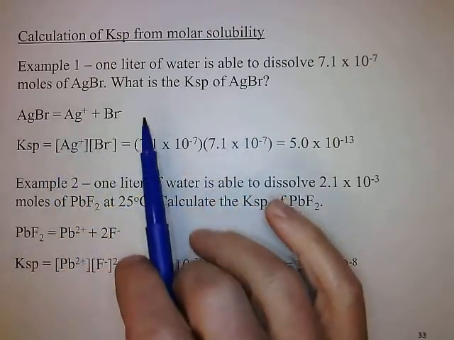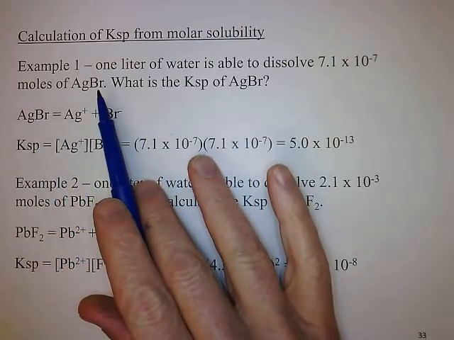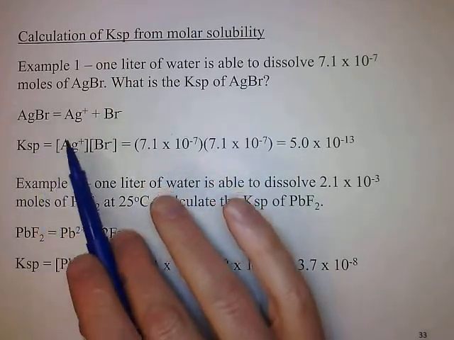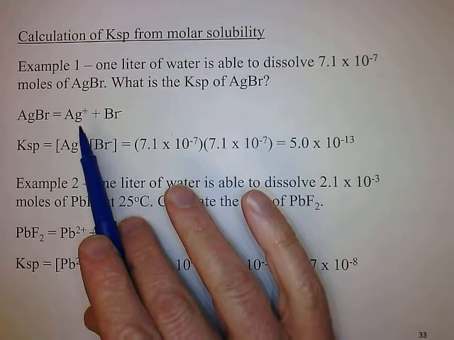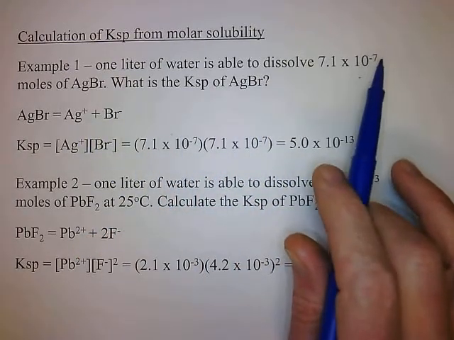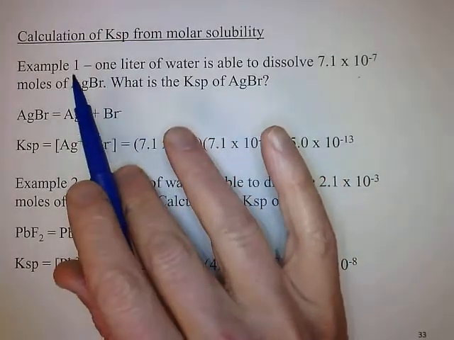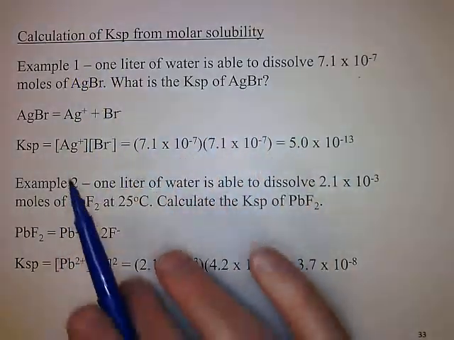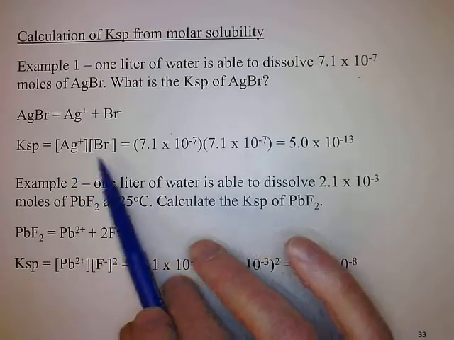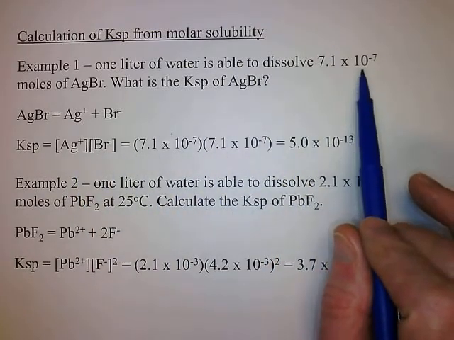So let's start out by writing our reaction. This is an easy example because it's a 1-to-1 solve. So your silver bromide dissolves to give us 1 silver and 1 bromide, right? So if 7.1 times 10 to the minus 7 moles of silver bromide dissolves, how many moles of silver ion do we have? 7.1 times 10 to the minus 7th.